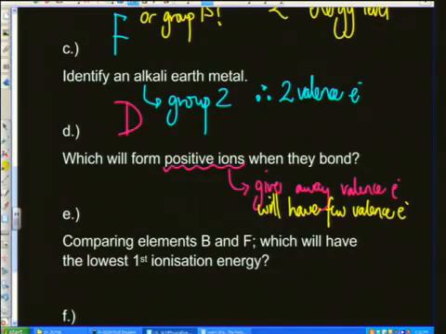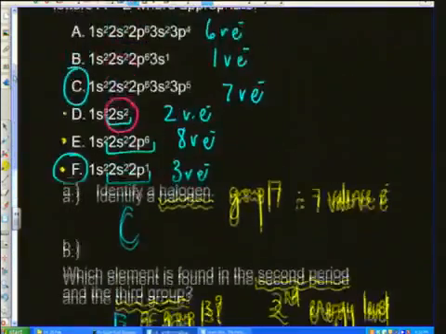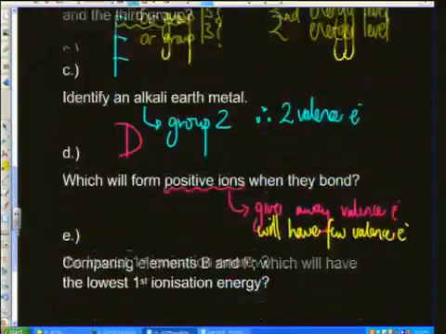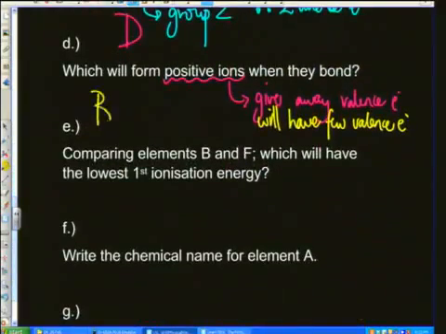So then instead of gaining an extra however many, they can rather just give those away. So which are the ones with the lowest number of valence electrons? B, definitely. D, definitely, only has got 2. And F, definitely. So we've got 3 options here: B, D, and F.